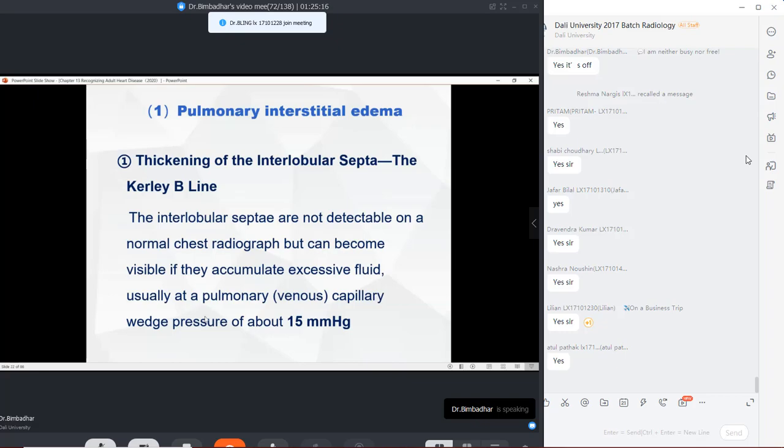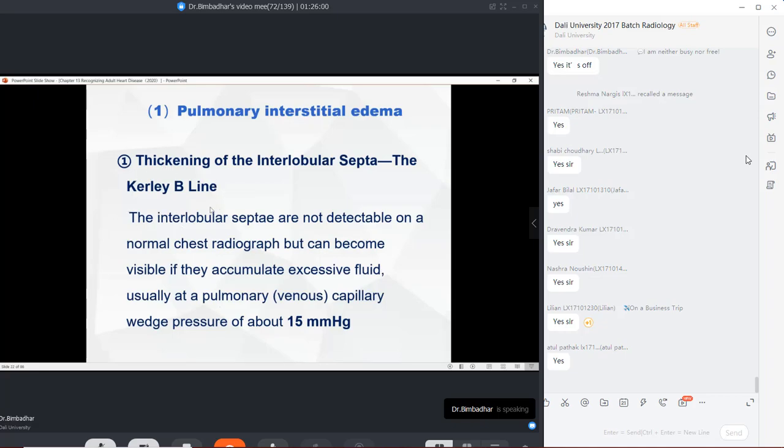Okay. The first one, thickening of the interlobular septa, is nothing but the Kerley B lines. Remember, if there is an increase in the pulmonary venous capillary wedge pressure greater than 15 mm of mercury, from the pulmonary artery, it will cause accumulation of excessive fluid in the peripheral arterioles, which are seen at the base of the lung, and we call such lines Kerley B lines.